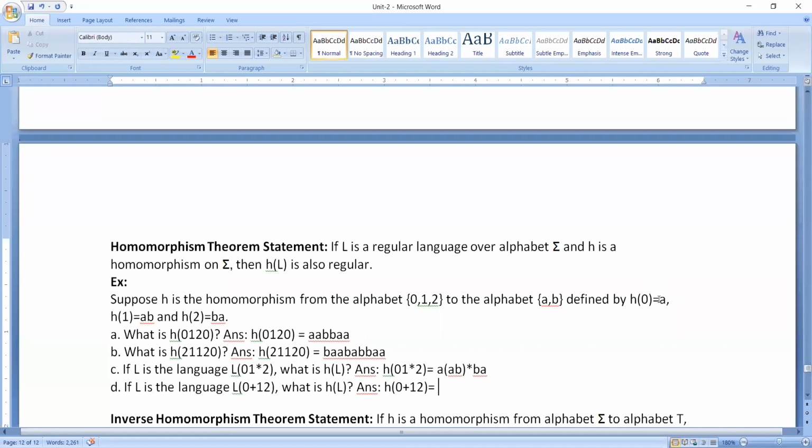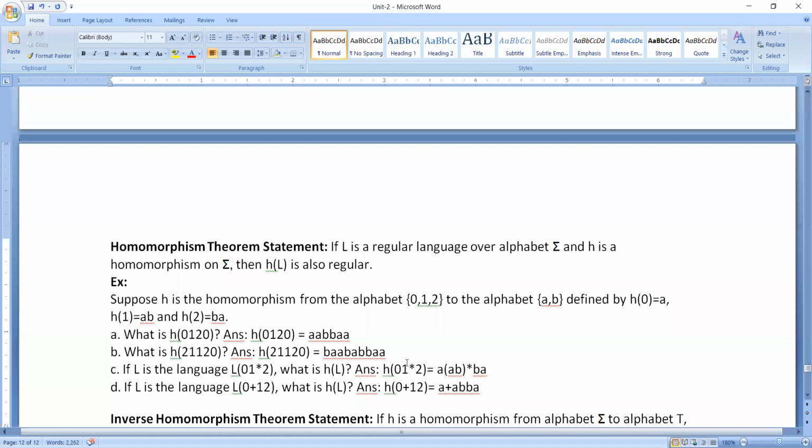What is 0 here? 0 is small a. Plus, what is h of 1? H of 1 is AB, and h of 2 is BA. So this is what we mean by the homomorphism statement.